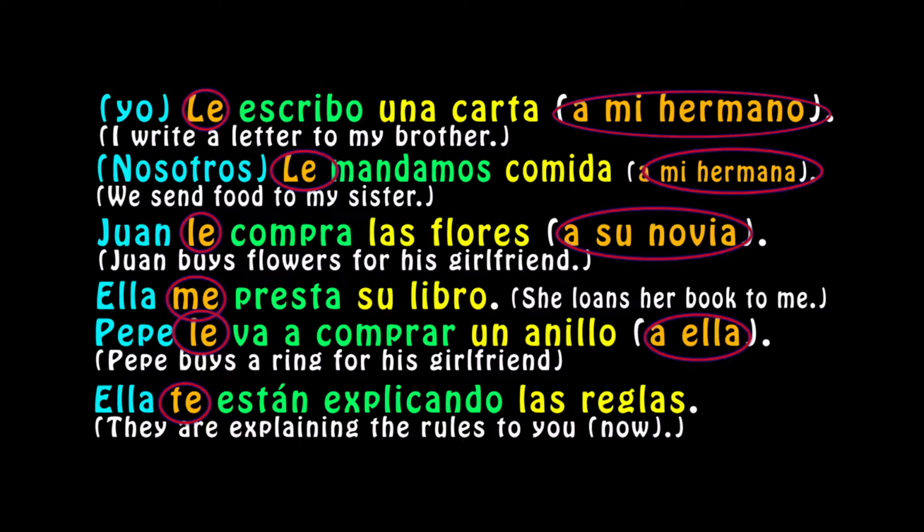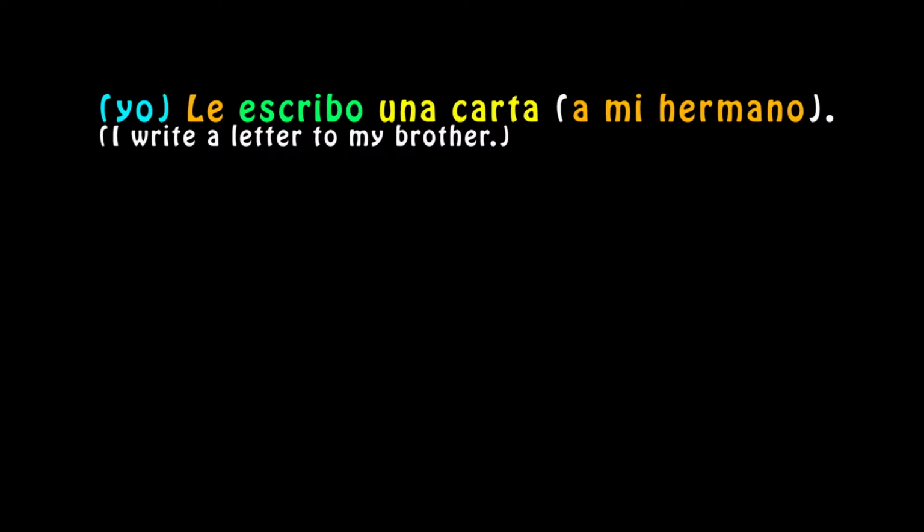Let's see what will happen if we change the direct object noun for the direct object pronoun in these sentences. As a result, we will have two object pronouns in the same sentence. Yo le escribo una carta a mi hermano. I write a letter to my brother.